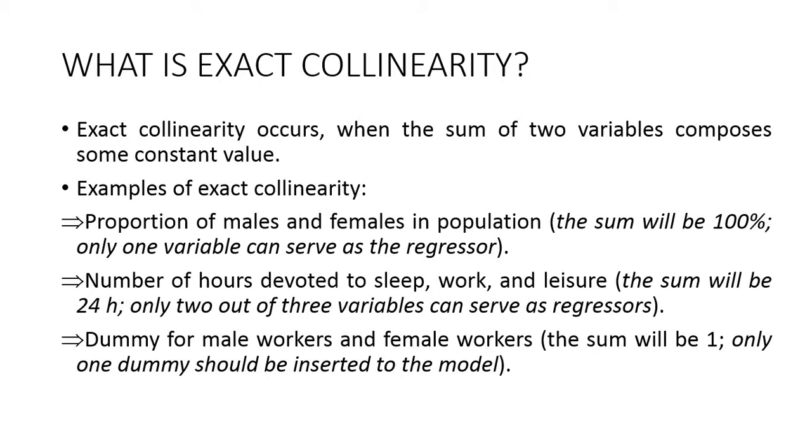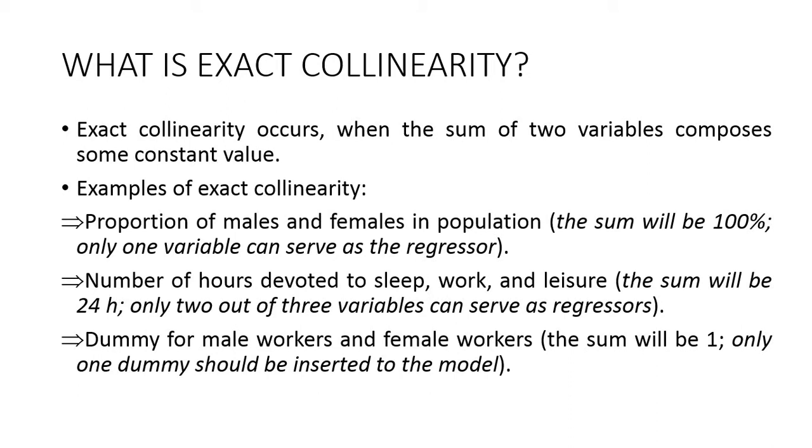The second example, number of hours devoted to sleep, work, and leisure. The sum will always be equal to 24 hours, which means that only 2 out of 3 variables mentioned above can serve as regressors. Dummies for male and female workers. So the sum will be equal to 1.